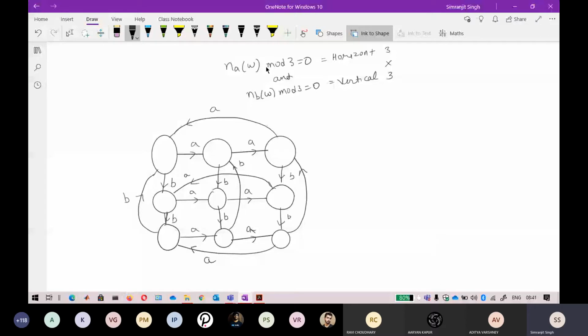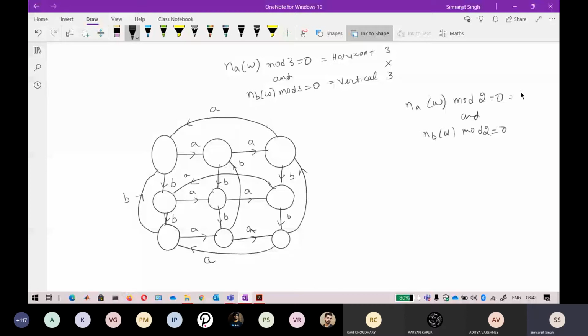Because I'm drawing this, it is also possible that we have done a question like the number of A's mod 2 equal to 0 and the number of B's mod 2 equal to 0. We have also done this. You just have to consider which one should be vertical and which one horizontal.